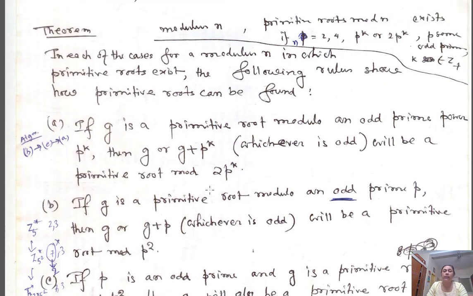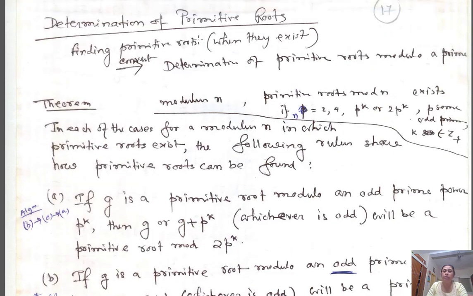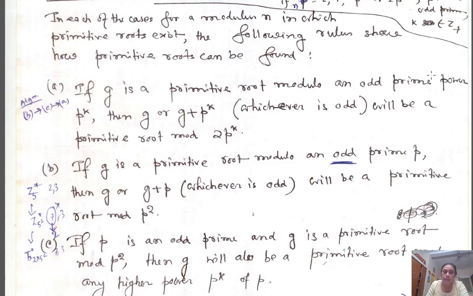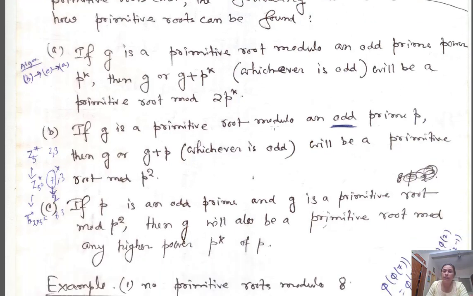Okay, so how can I convert this problem of finding primitive roots when they exist to the problem of finding a primitive root modulo a prime? I will first find a primitive root modulo p. Suppose somehow I found G is a primitive root modulo p.